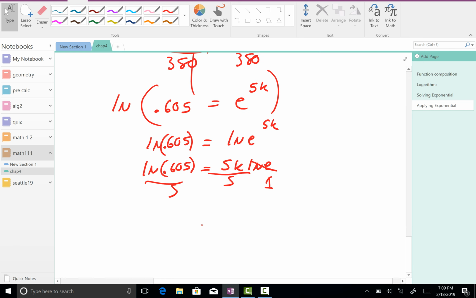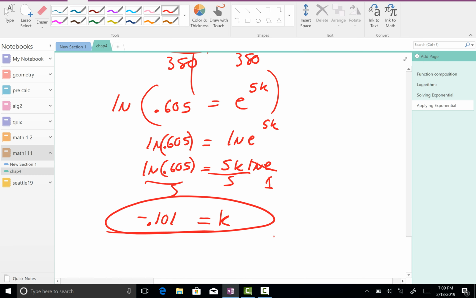So what are we getting? Negative 0.101. Okay. So now we know what K is.